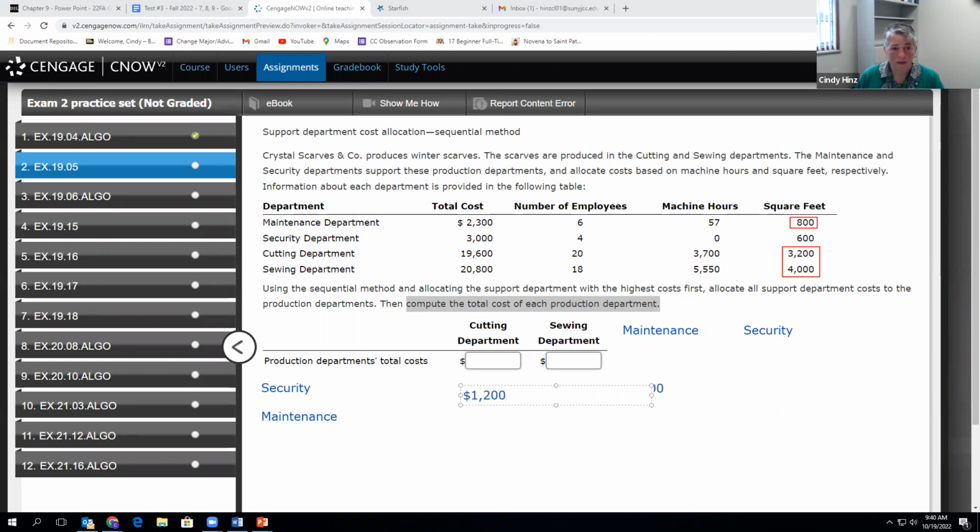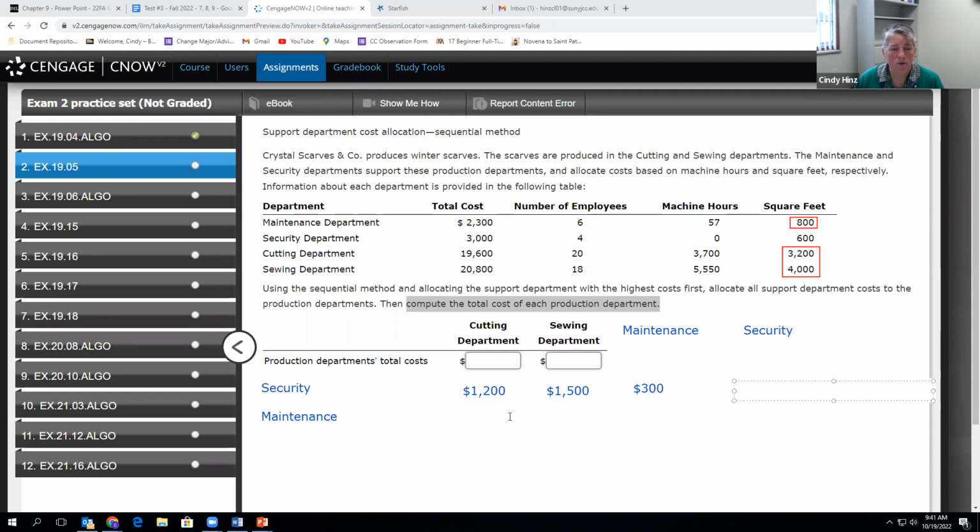And finally, to the sewing department, that's 4,000 out of the 8,000 total square feet in those red boxes. Half of the cost, that would be $1,500 being allocated from security to the sewing department.